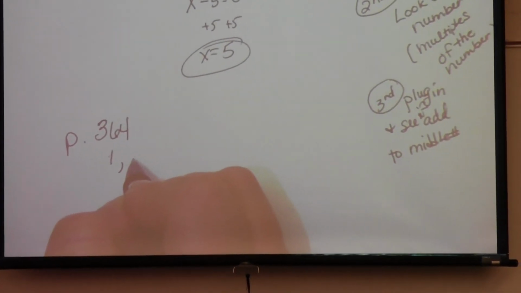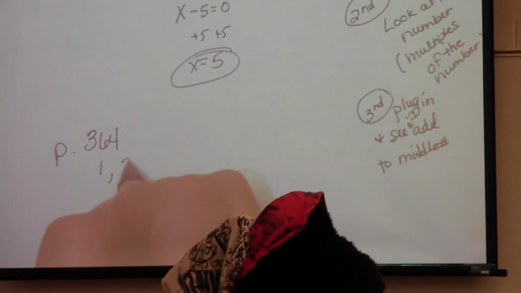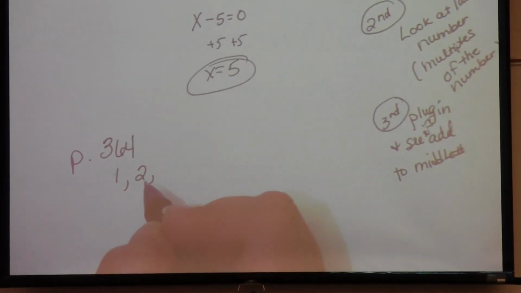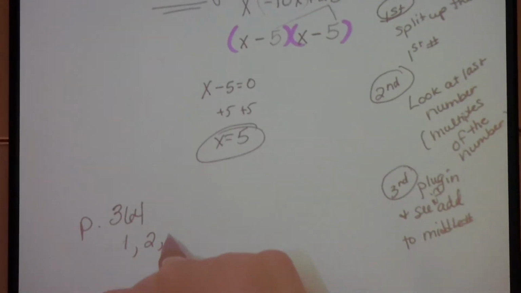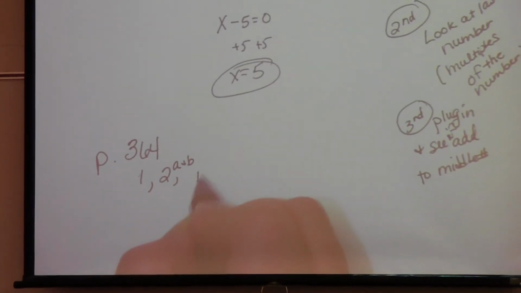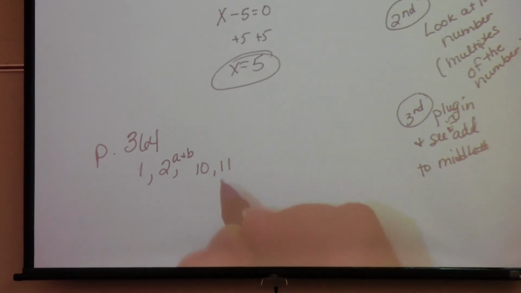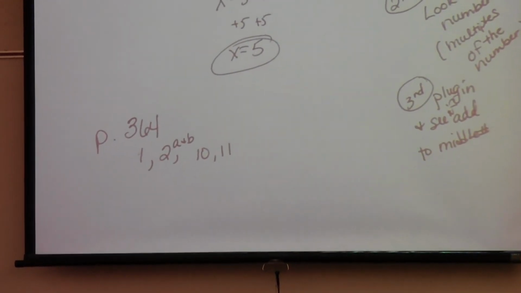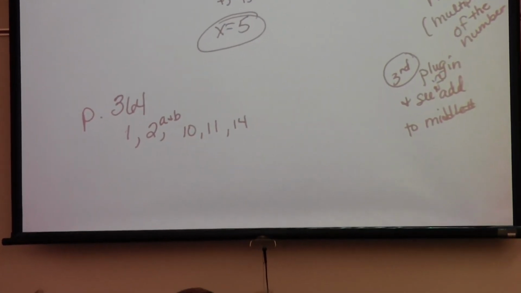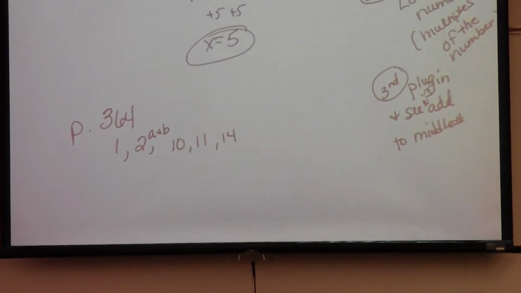We're going to do number 2. We're going to do, let's just do 2A and B. We're going to do number 10 and 11. And we're going to try 14. So let's start with those on that page.